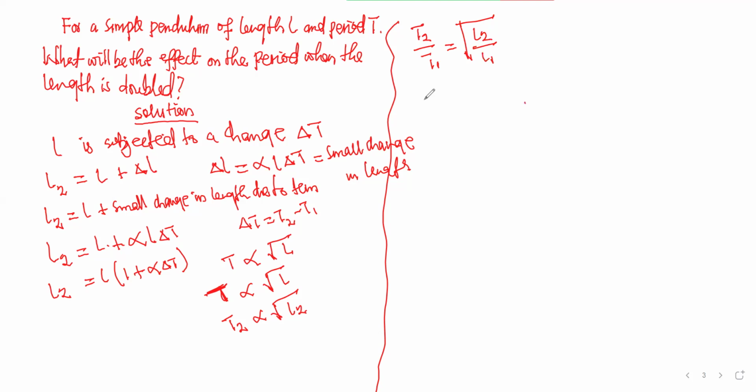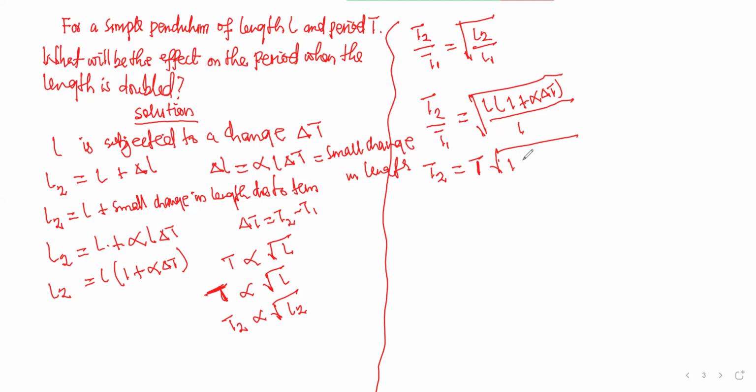Therefore, T2 over T1, when we substitute the change in the length due to temperature, we have L2 as L times 1 plus alpha delta T, divided by L1, the original length, which is L. Therefore, the new period will be equal to the original period times the square root of 1 plus alpha delta T, or 1 plus alpha delta T raised to the power half times the initial period, T1.